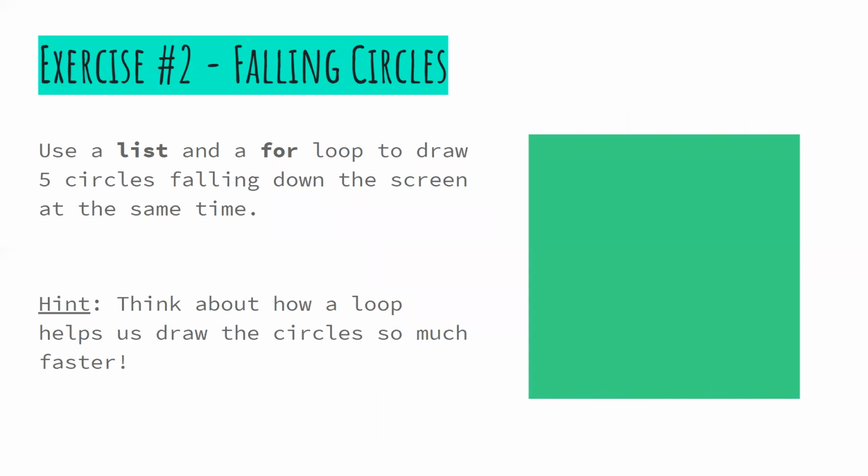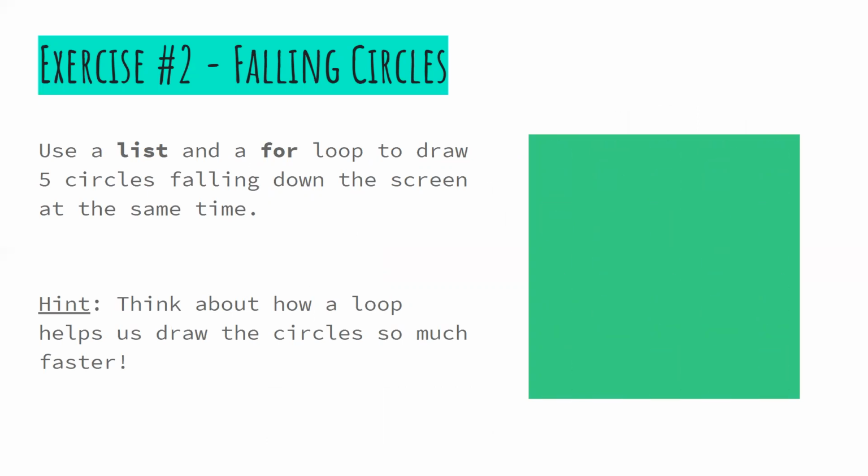Okay, so this is the next exercise that you have. You have to use a list and a for loop to draw 5 circles that are falling down the screen at the same time. The hint is to think about how a loop helps us draw the circles so much faster. We've learned how we can draw rectangles by using the loop.